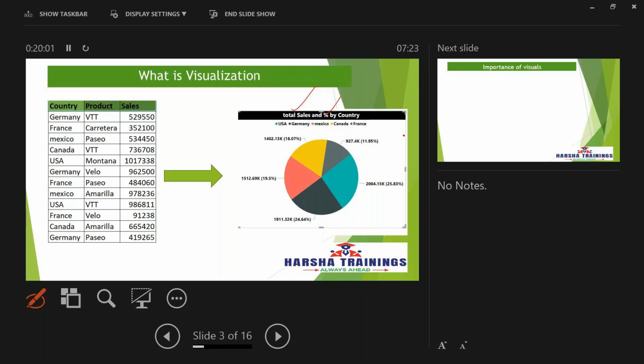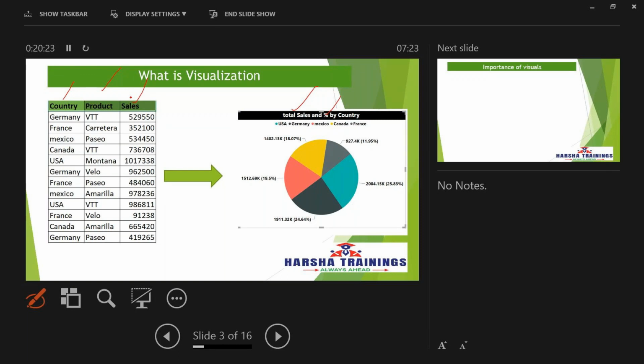For that, what is a visual? We have some data, which is country, product and sales. Apart from this data, we have one requirement, which is the total sales and the percentage by each and every country.